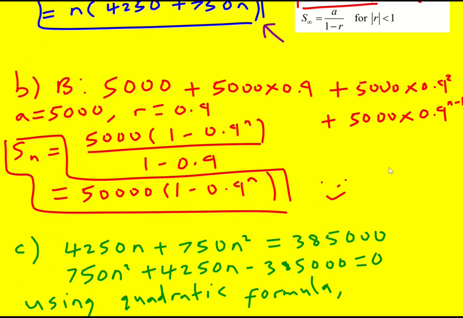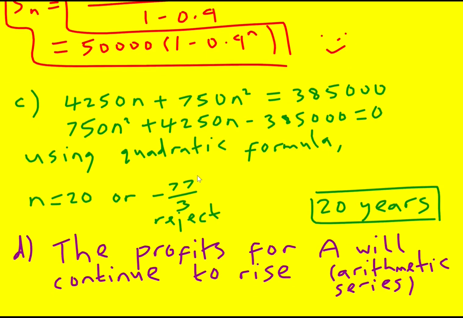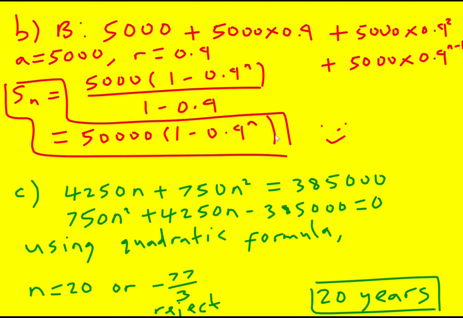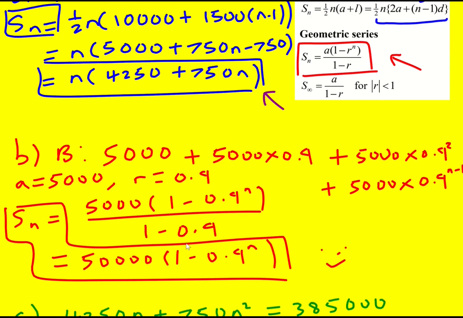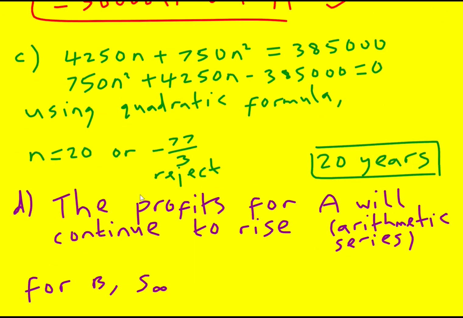Then what about B? So here we had Sn for B. We could take a look at S infinity, because as n approaches infinity, we can either use the formula here or, actually, that formula just comes from letting n approach infinity here. And it's basically just going to become 50,000.